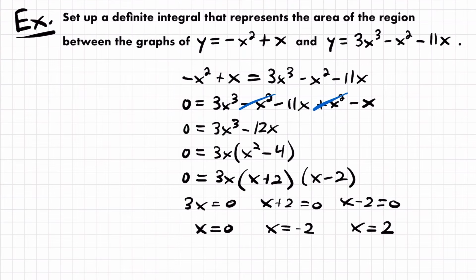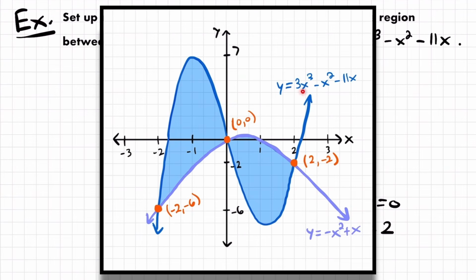If we take a look at the graph here, here's our function 3x cubed minus x squared minus 11x, and here is our other function negative x squared plus x. As you can see, here are the 3 points of intersection that we found at x equals negative 2, x equals 0, and x equals positive 2. And we have two different shaded regions that are formed between those two functions.